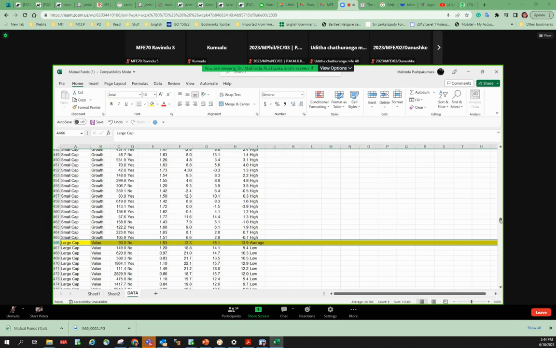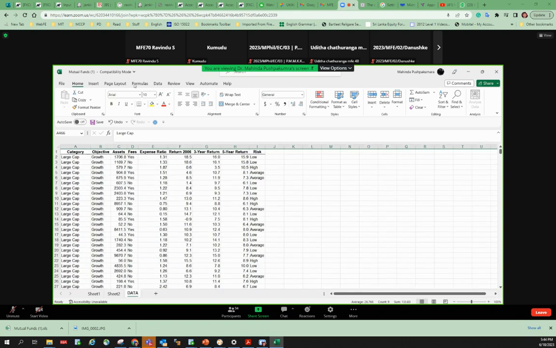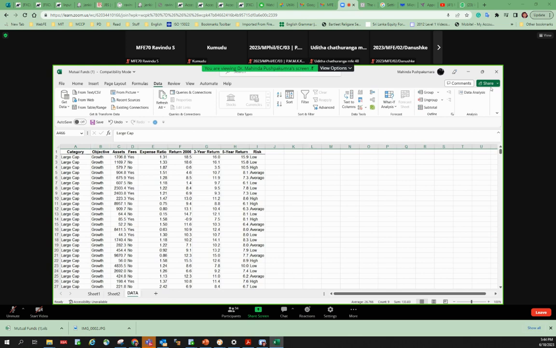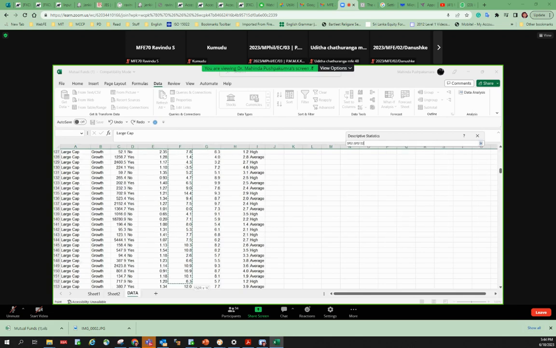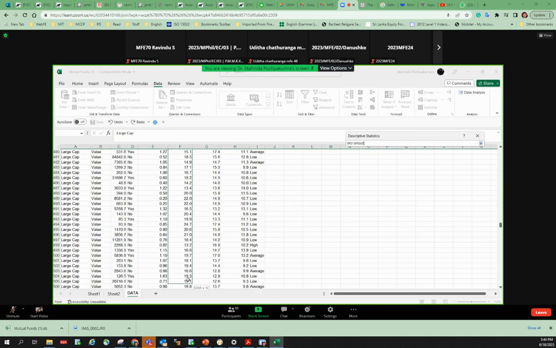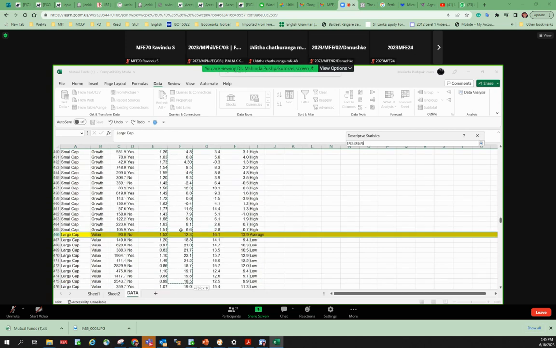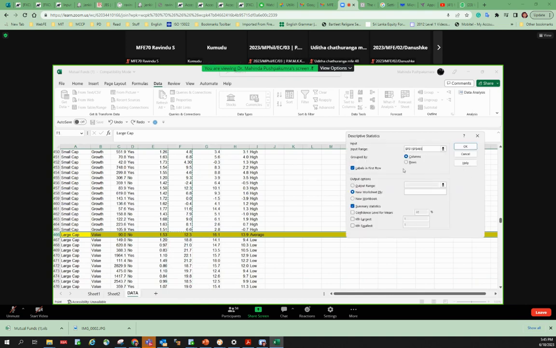Then you go to Data Analysis, Descriptive. Now select only the data range related to growth. Then okay.